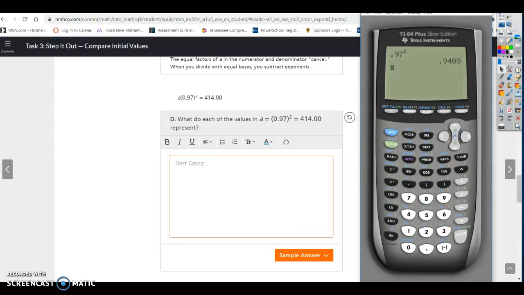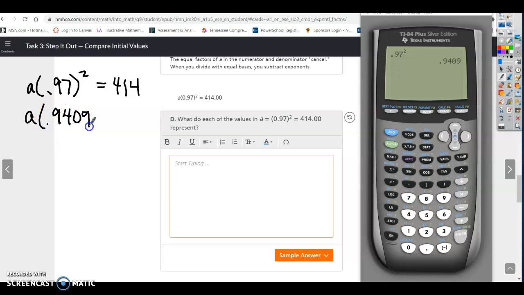Let me show you how this works exactly. If we have a times 0.97 squared equals 414, all we're doing is solving an equation here. So you can square this number: a times 0.9409 equals 414.